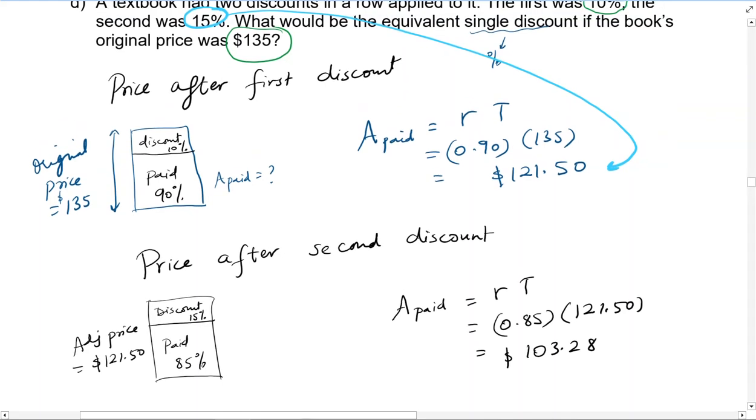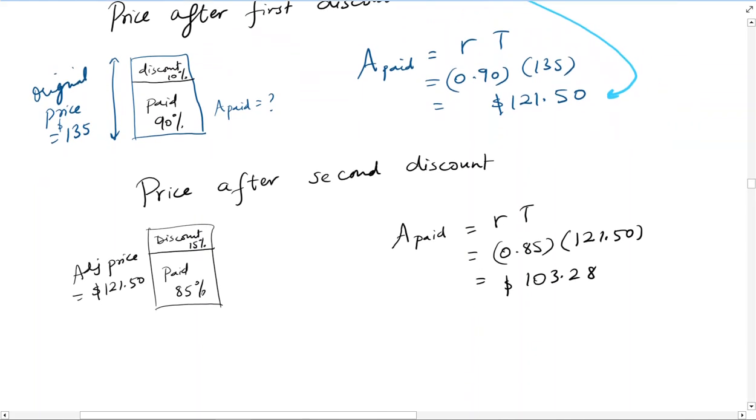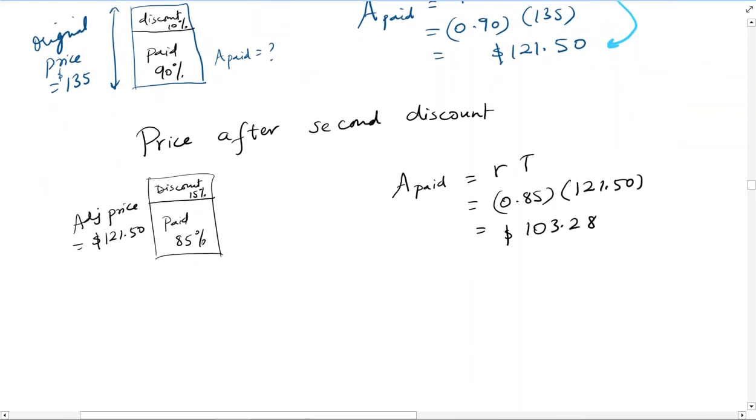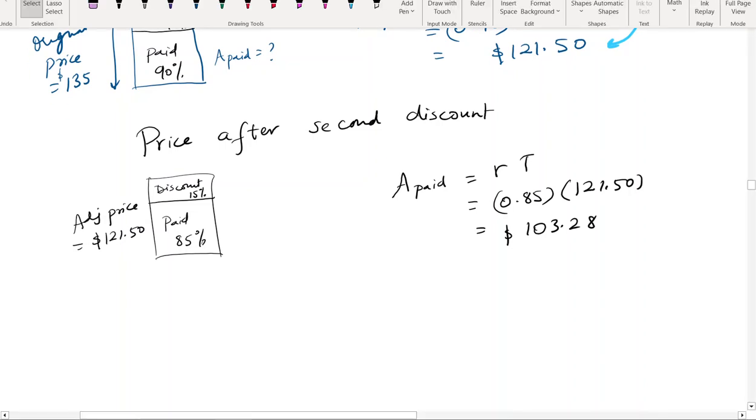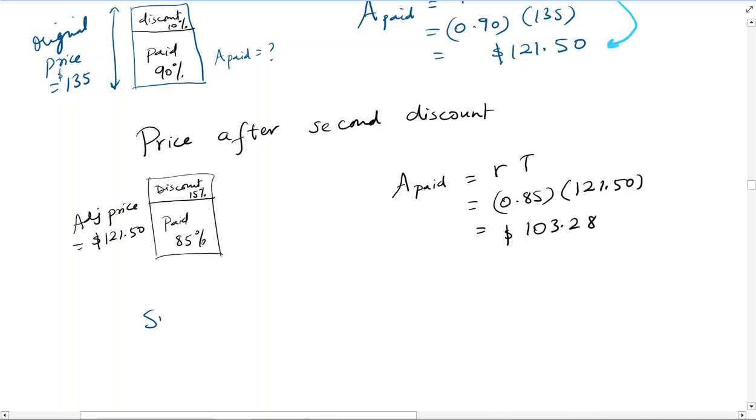But they're asking us to find a single equivalent discount. Instead of giving 10% and then 15%, if you had to give a single percentage off, we can figure that out. As I said, it's not 25%.